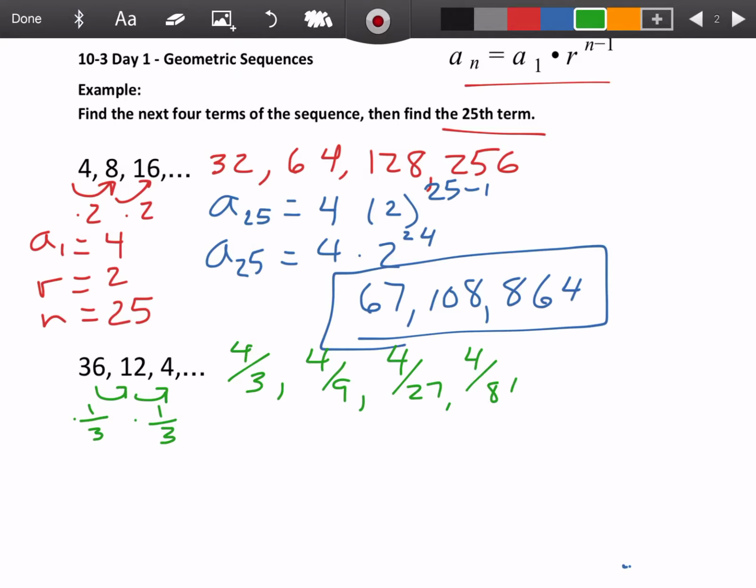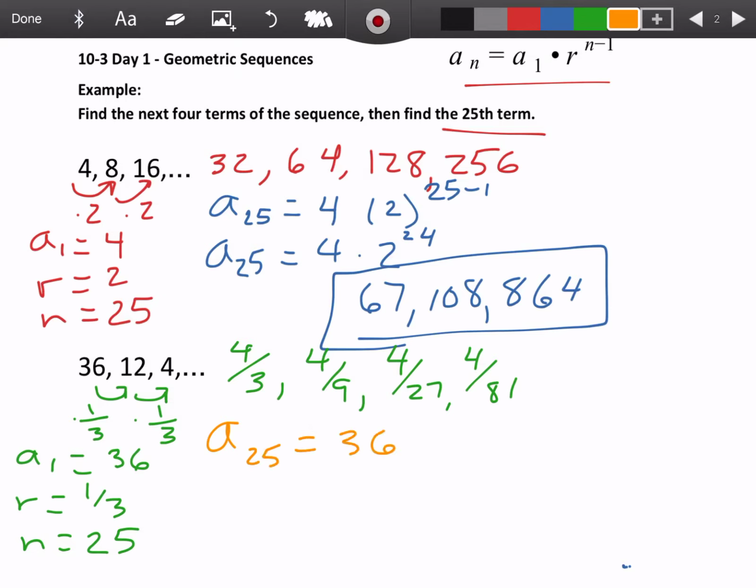And then to get to the 25th term, we need to know a1, r, and n. Well, a1 is 36, r is 1/3, and our n is still 25. So to find a of 25, we plug those in. We have 36 times 1/3 to the 25 minus 1.